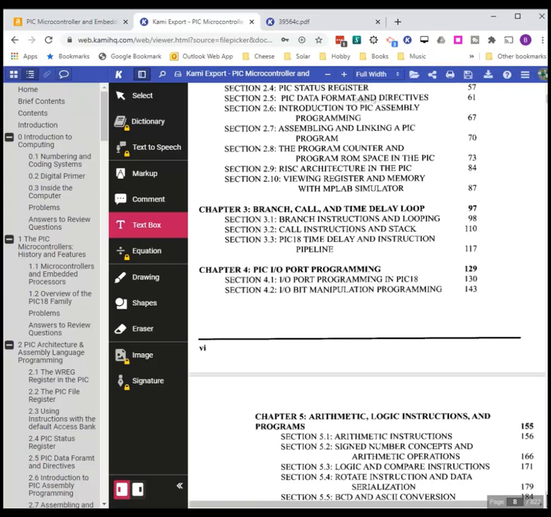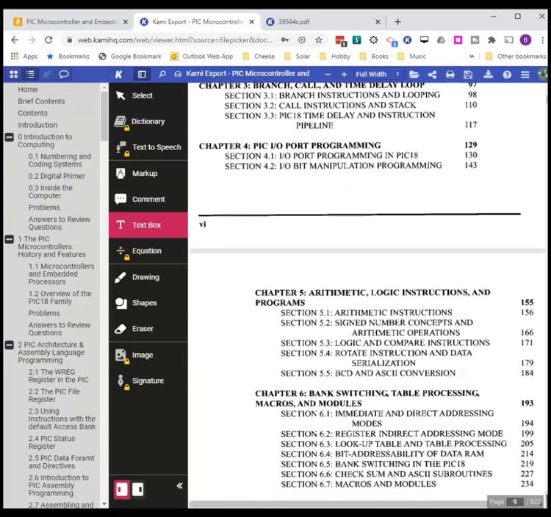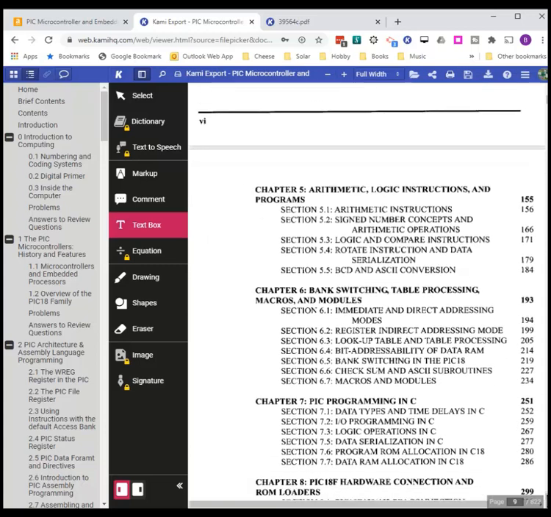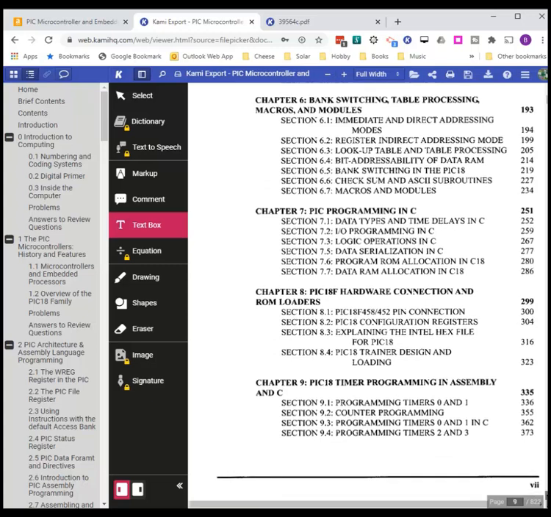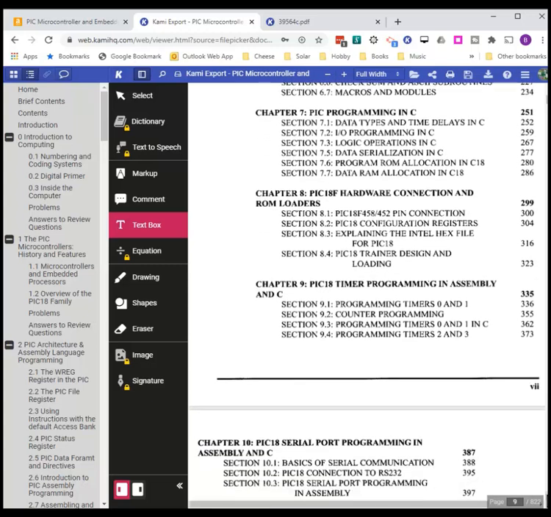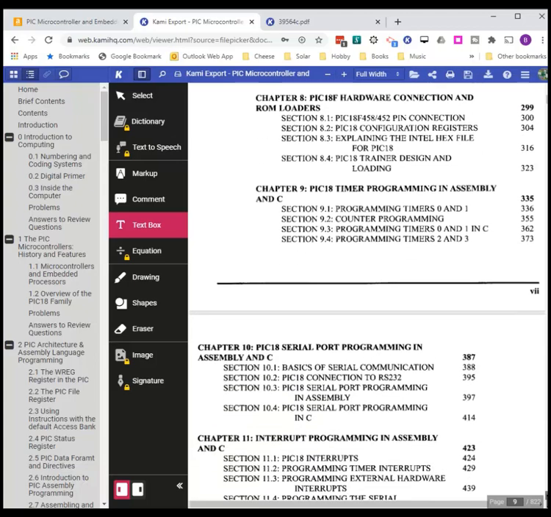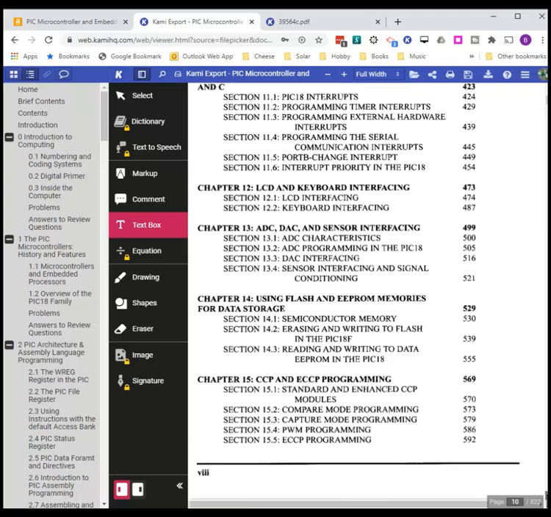This book provides narrative, but its strength is example assembly language and C programming code. The code examples support the ultimate goal of learning the internal operation of a microcontroller at the level where a technician can use test equipment to resolve problems.